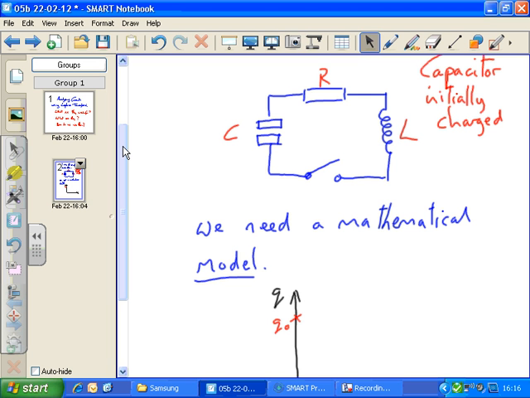We've just got a fully charged capacitor, then we're closing the switch and the capacitor discharges. As the charge flows through the inductor, what's going to happen? What do inductors do? They sort of stop the charge from going through until it reaches a certain point. They create a back EMF, don't they, which tends to oppose the rate of change of flow or current through it. And so that might well have an effect on the circuit.